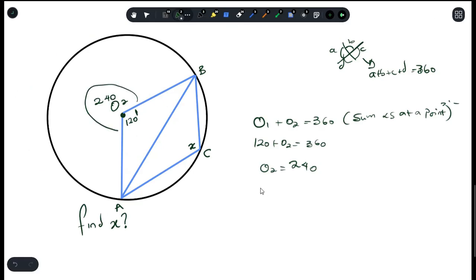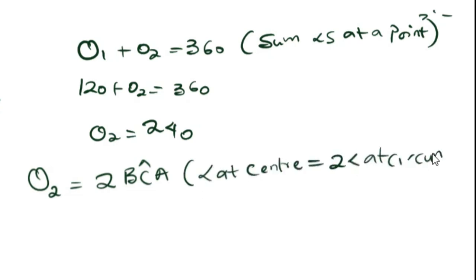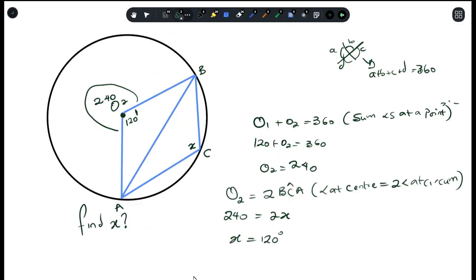With the help of angle at center is equal to twice angle at circumference, we understand that, since O2 is 240 and BCA is x, we can find x by dividing, and x will just be 120 degrees.